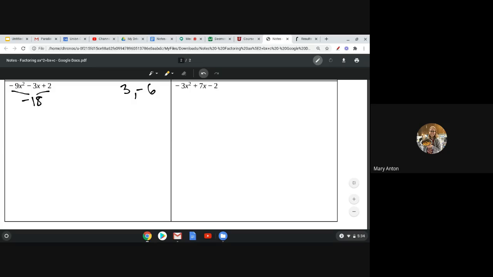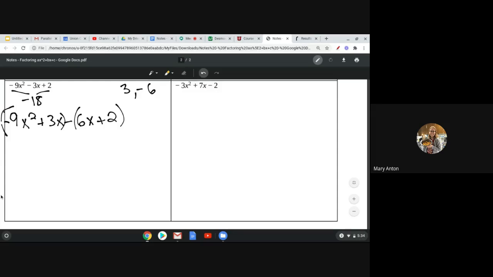All right, so this means we're going to split up this expression into negative 9x squared plus 3x minus 6x plus 2. Split this into halves. This first term, we have a negative 9x squared plus a 3x. Well, what's the greatest common factor between 9 and 3? That's 3.